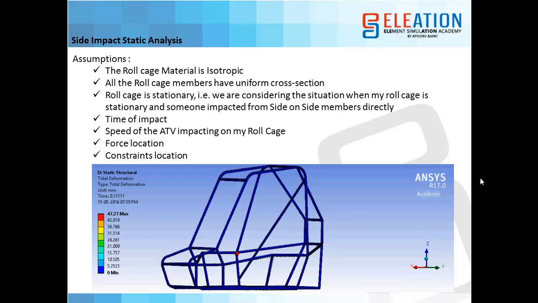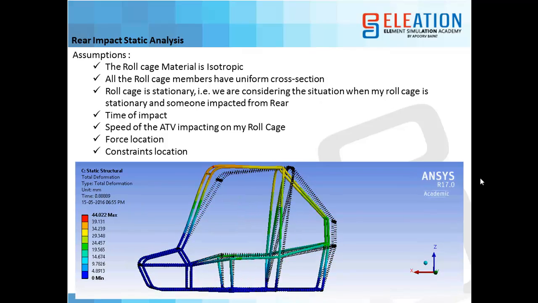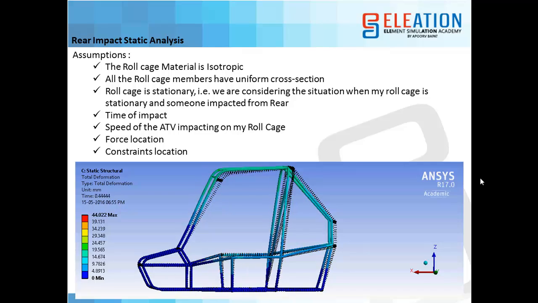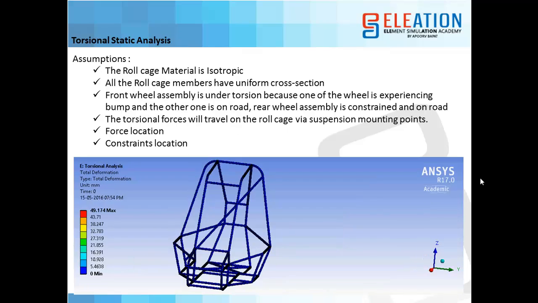We are assuming that these types of reaction will come. Then we will see the rear impact analysis, where my roll cage is stationary and somebody impacts me from behind, with the forces, time of impact, speed of the ATV impacting on my roll cage, force location and constraint location, and you can see the deformation coming because of the rear impact.